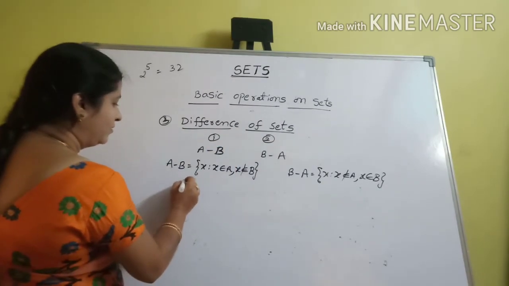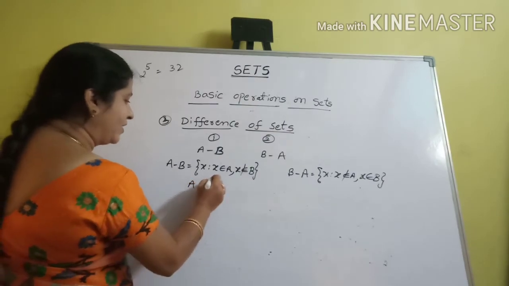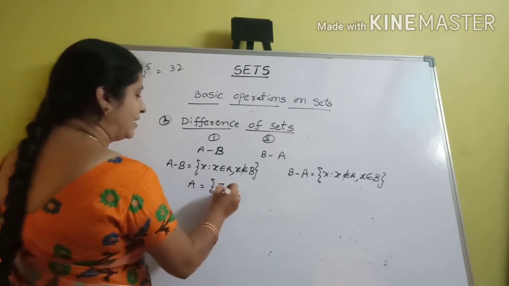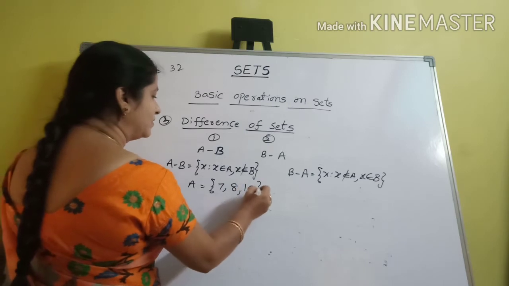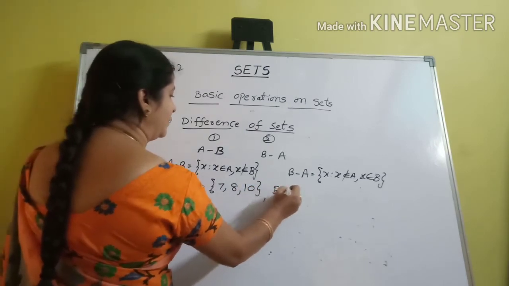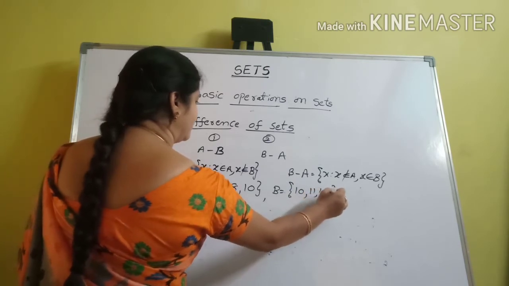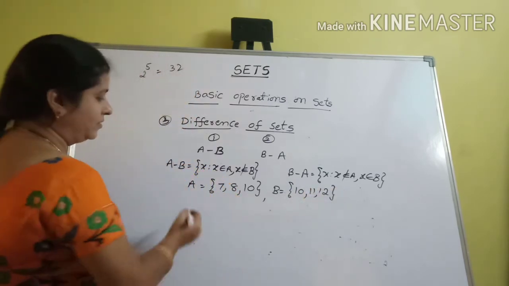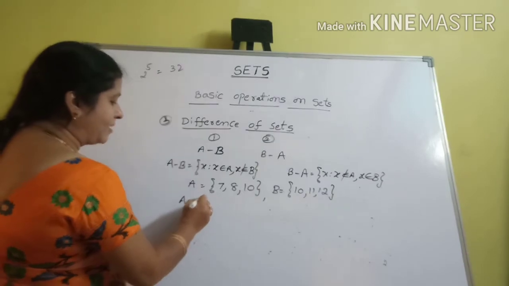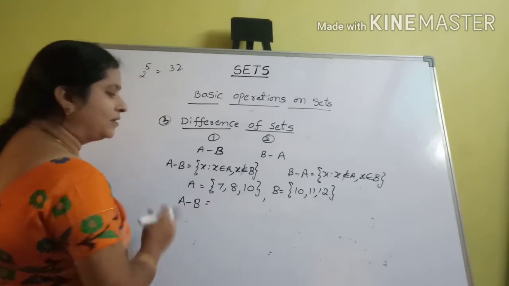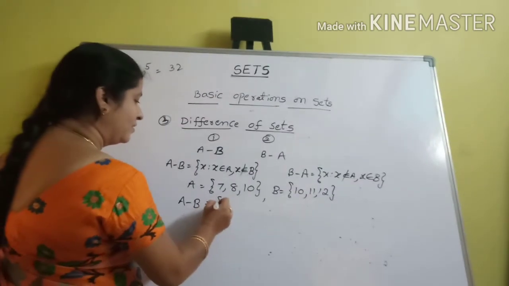First we take A equal to set of 7, 8, 10, suppose. B equal to 10, 11, 12. So what is the value of A minus B?